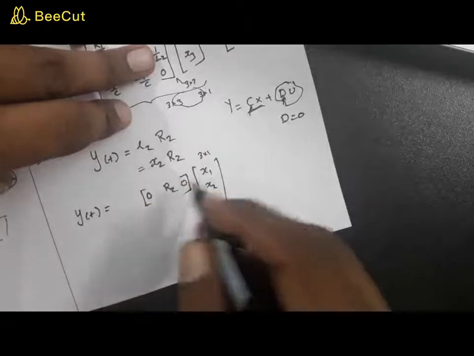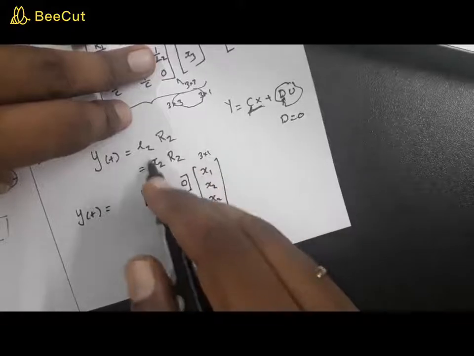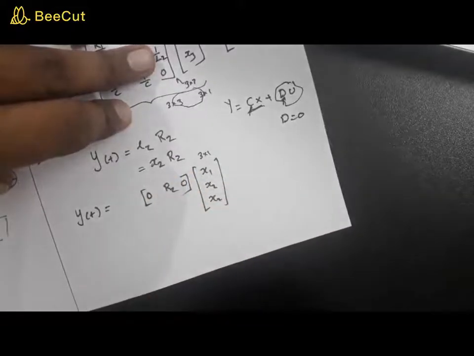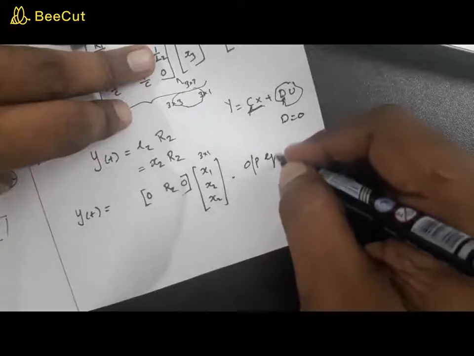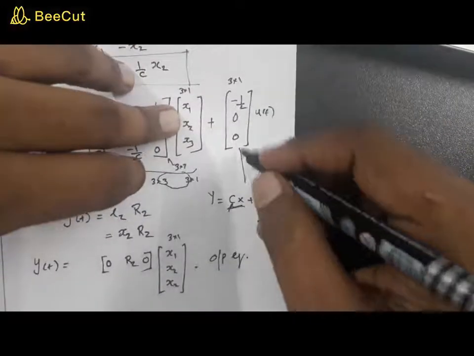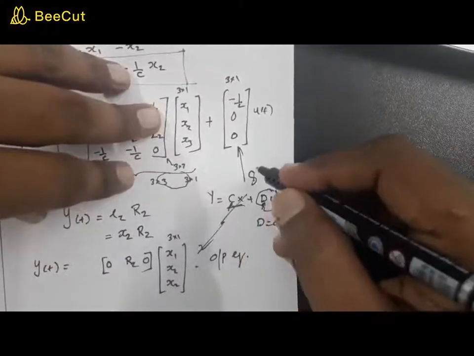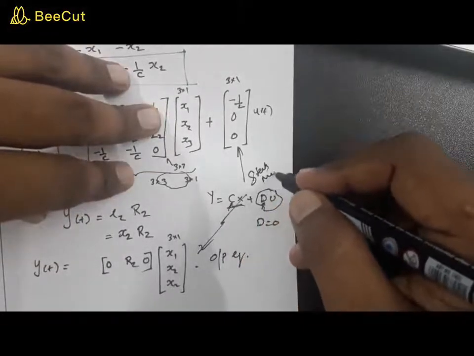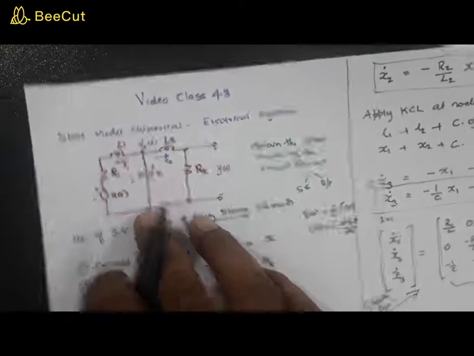Now when you do the multiplication, you're going to get x2 into R2. So this is the output equation, okay? And these two result in the state model of this particular electrical circuit. Okay, hope things are clear.